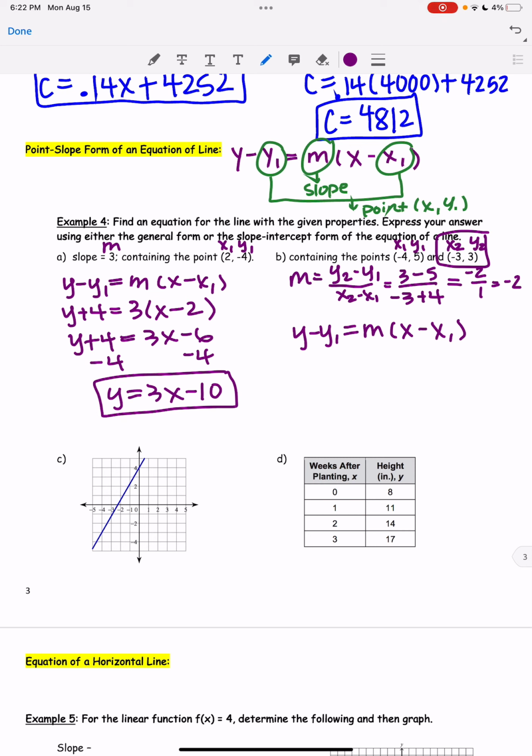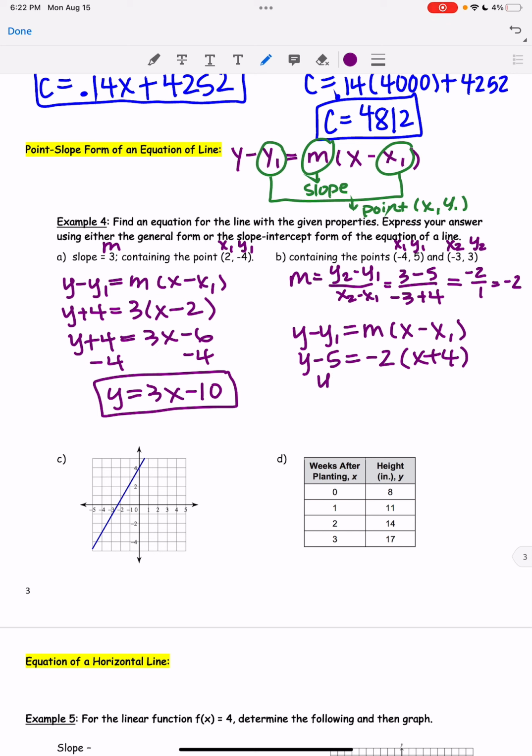But if you want to follow along, then we'll have y minus y1, which is 5. My slope, we just found out to be -2. And then x minus my x1 is -4, so again that becomes +4.